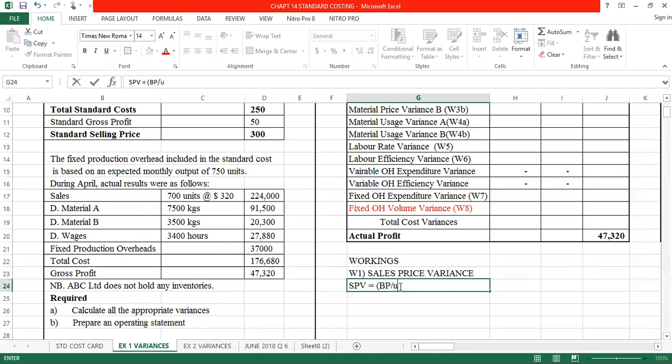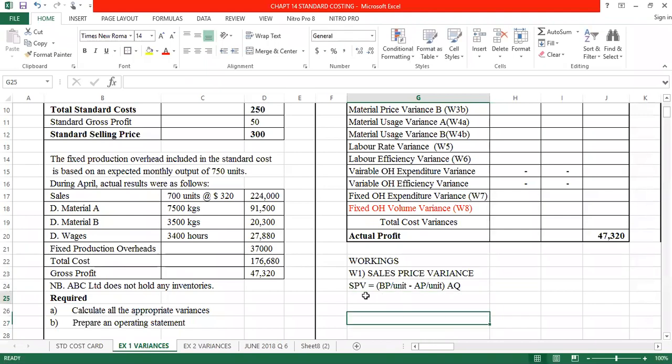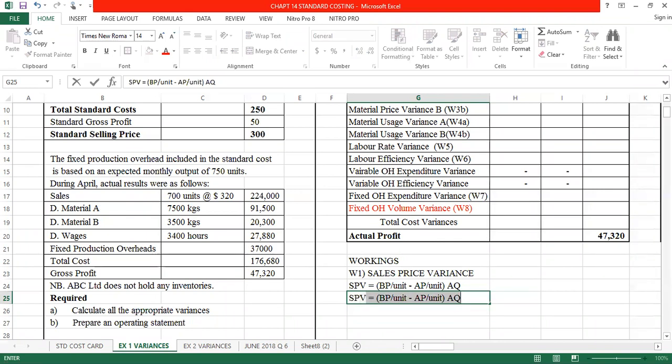Sales price variance is equal to budgeted price per unit minus actual price per unit, times actual quantity in units. That is the formula we learned. So let's apply the formula, and please let's be very careful here.